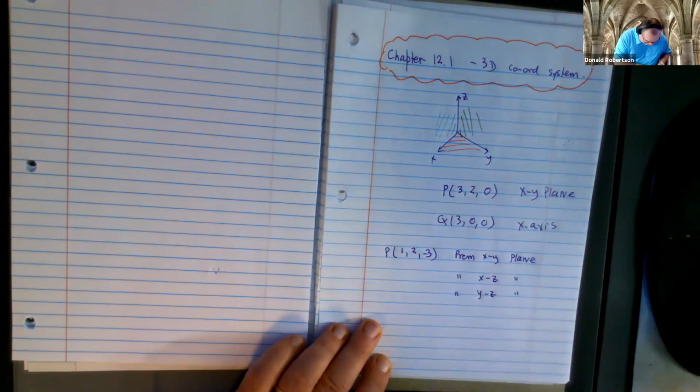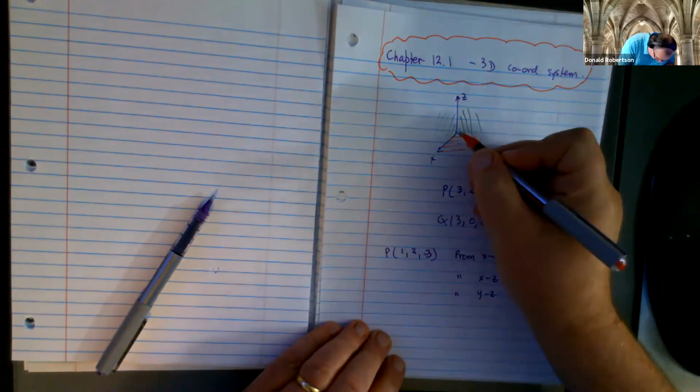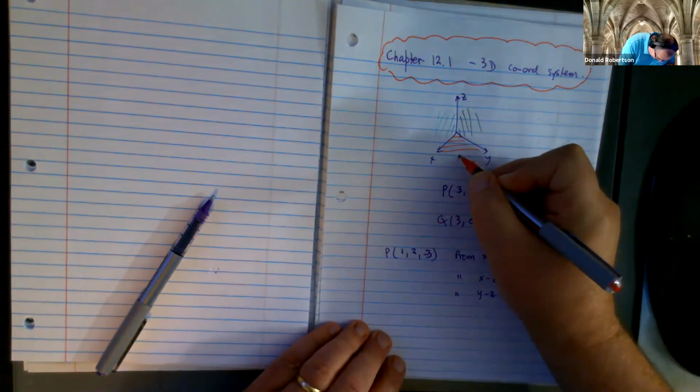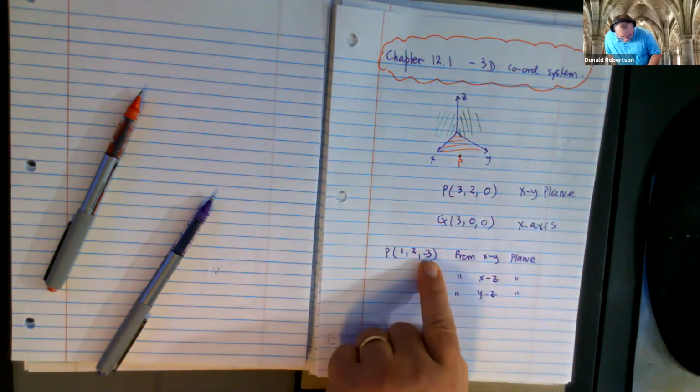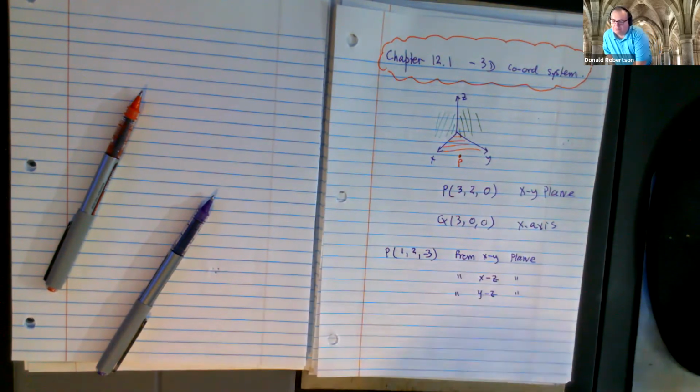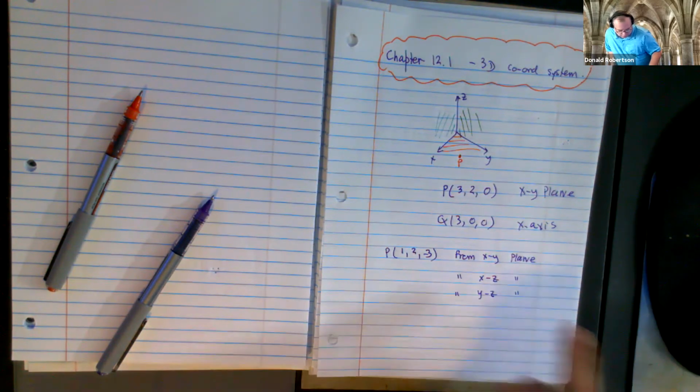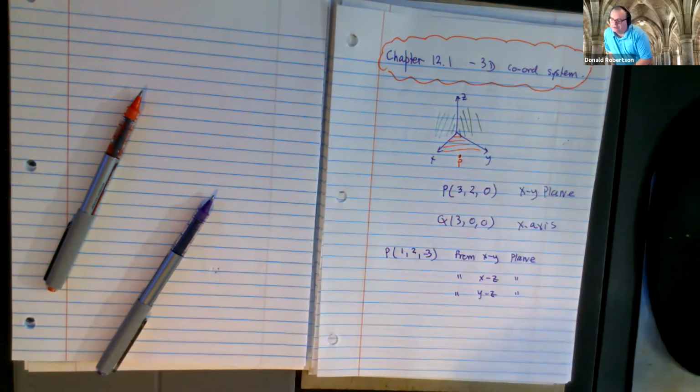So can you imagine the point 1, 2, -3, kind of down here. I know you can't really see it. If you want to know how far a point is from the XY plane, how far is it? How do you tell? Simply by knowing its coordinates and nothing else.